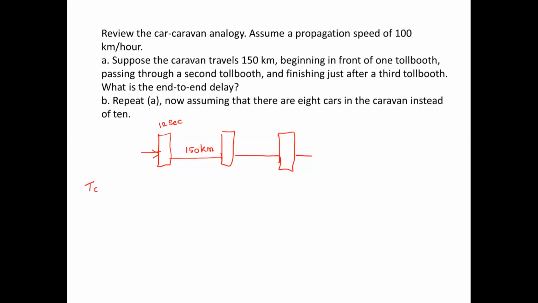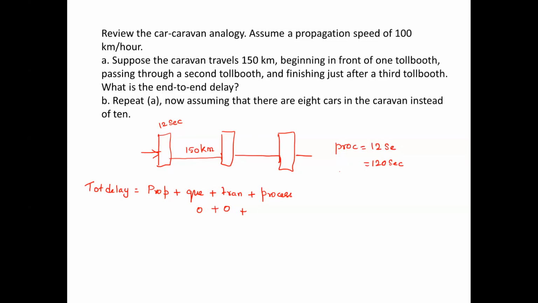What's the formula? Total delay is equal to propagation delay plus queuing delay plus transmission delay plus processing delay. There is no information on queuing and transmission, so we can take them to be 0. Processing delay is 12 seconds for one car. For 10 cars, we have already calculated it to be 120 seconds, which is 2 minutes. Now it has to cross all the 3 toll booths.